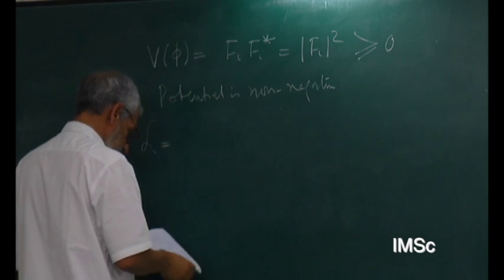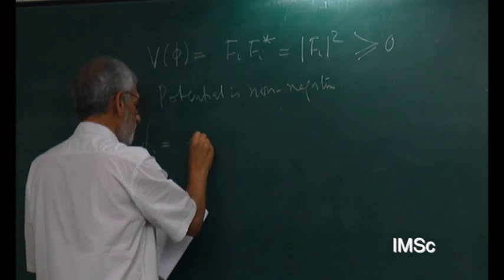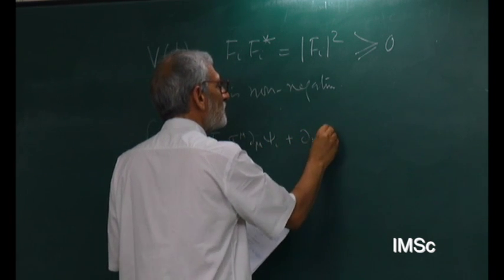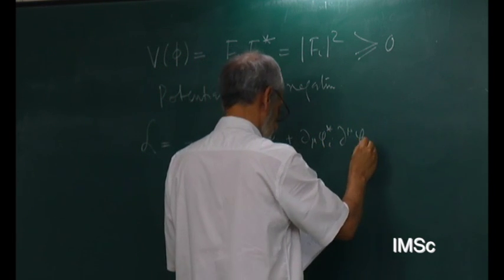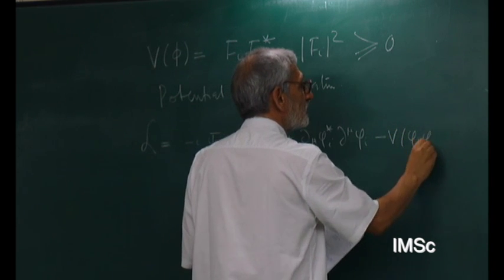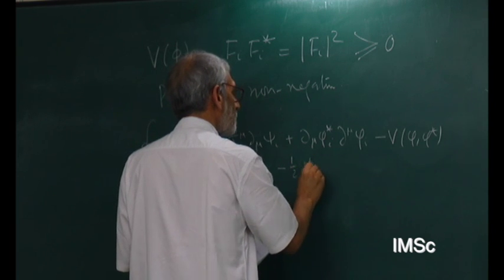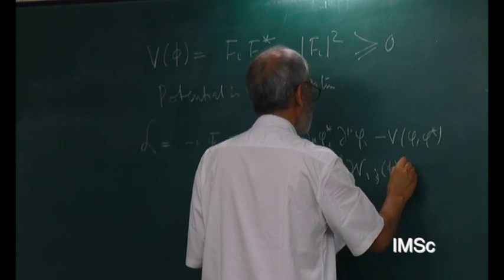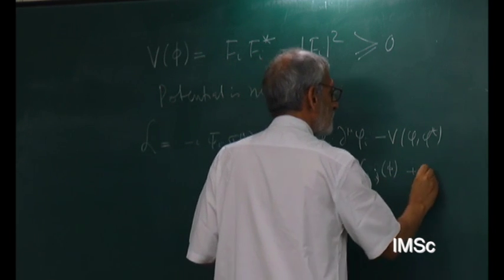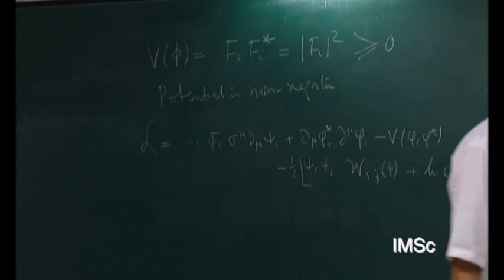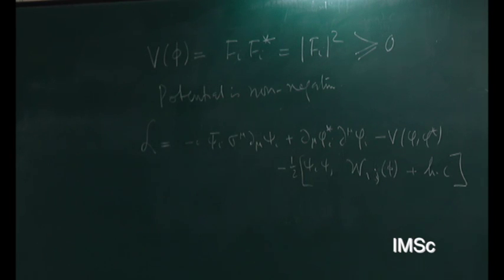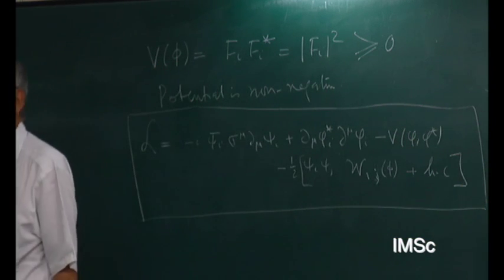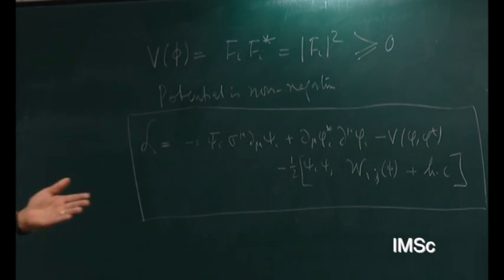So now let me rewrite this Lagrangian. Now this is a supersymmetry Lagrangian without the auxiliary fields.